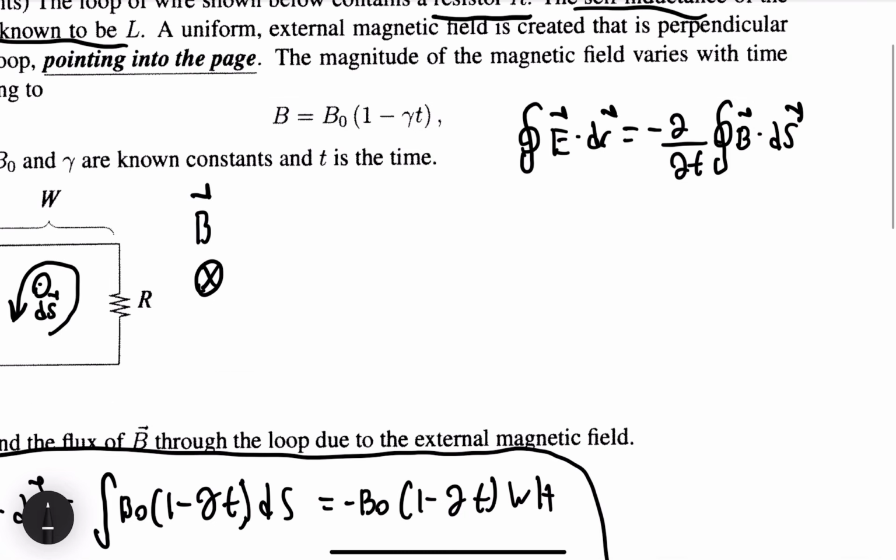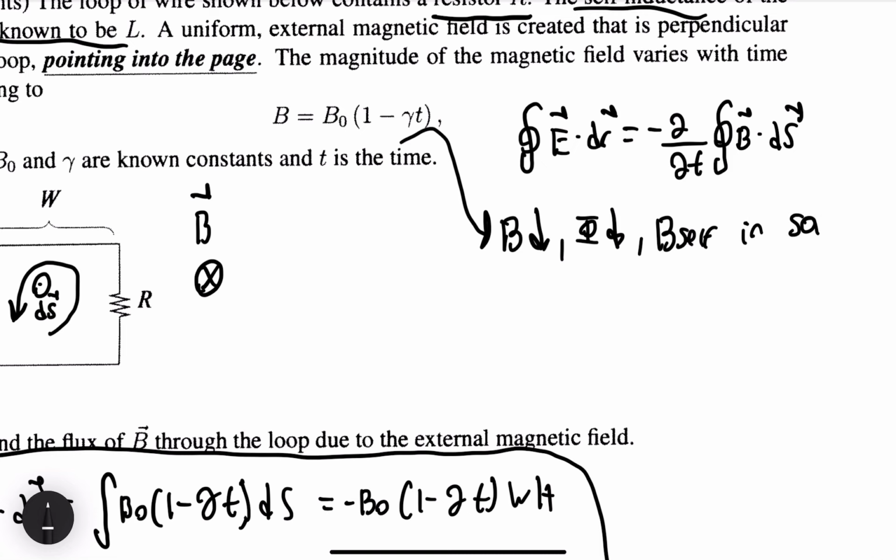If I look at my flux equation, as time goes on, the magnetic field goes down, so that means my flux is also going to decrease. So B self would be in the same direction as B, which is into the page.